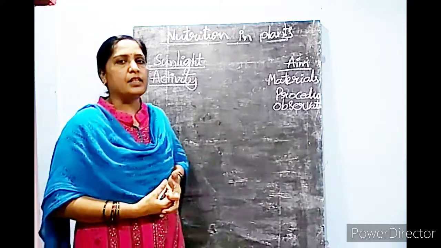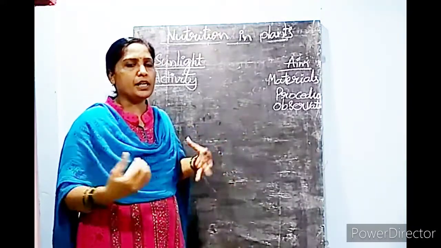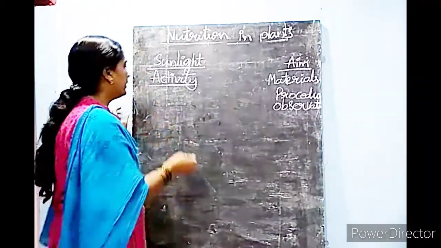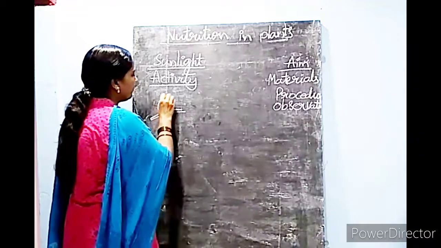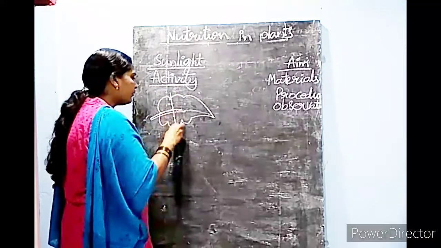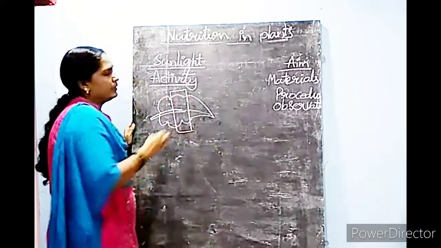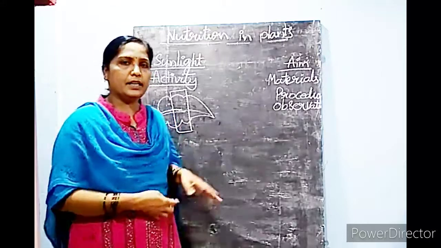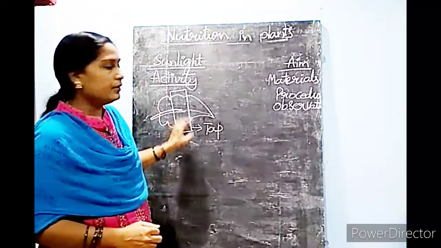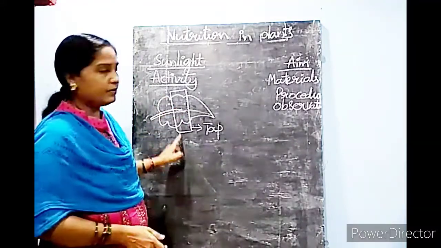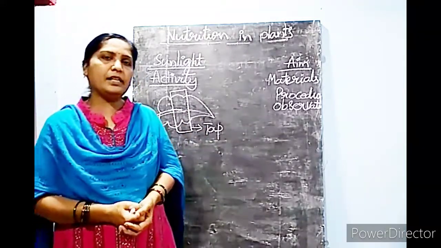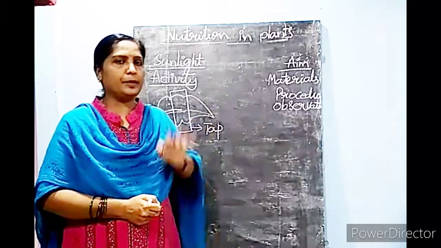To do this, right now you are at home, so choose any one plant in your home and choose one healthy leaf from that plant, and cover the middle of the leaf with black color tape, from the front and back side both, and let it be on the plant.